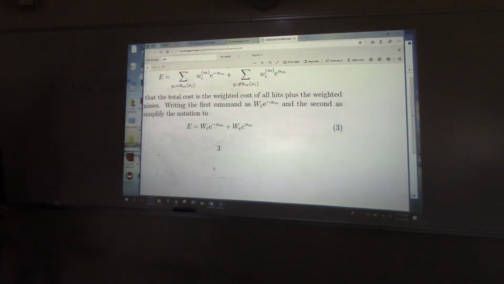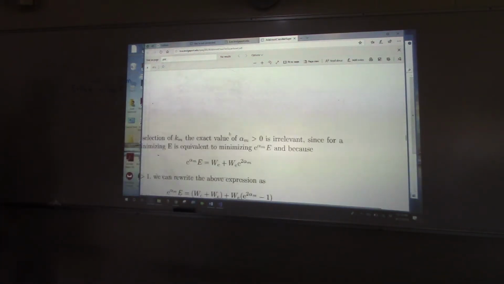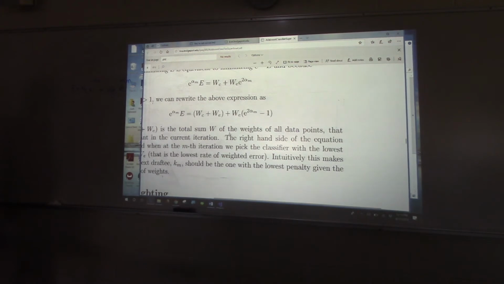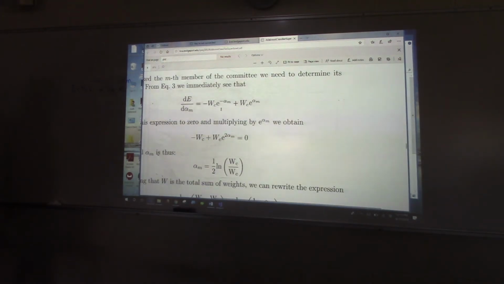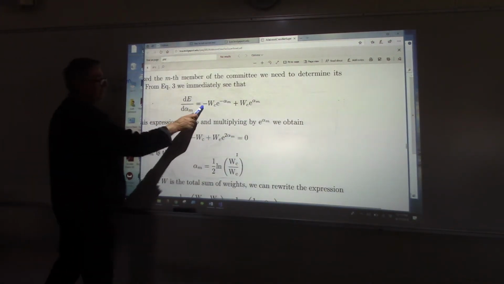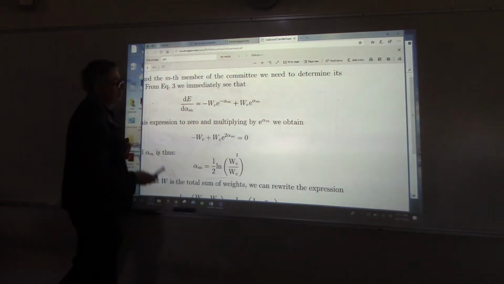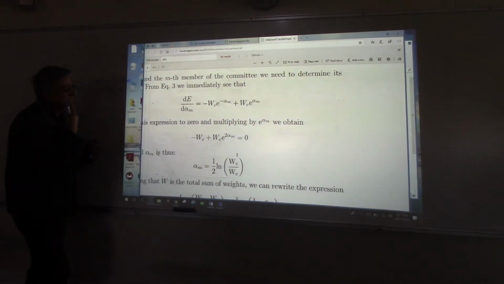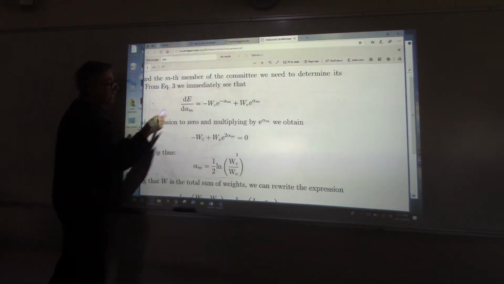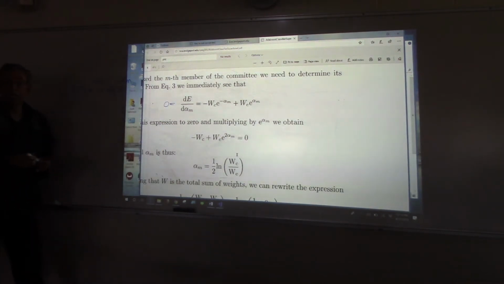This is what's being shown over here. Now our goal is to set this equal to 0 and then solve for alpha.